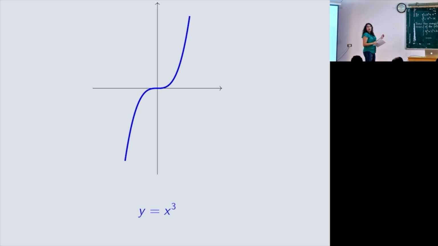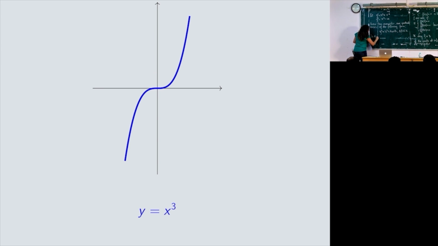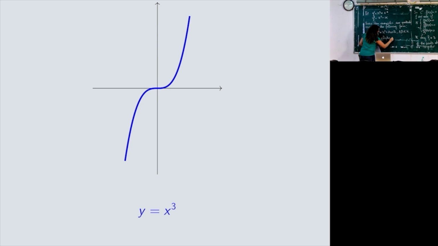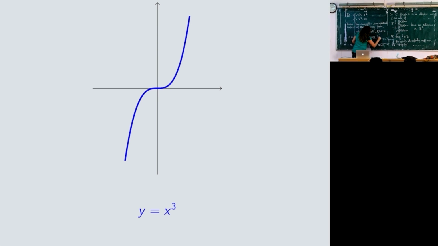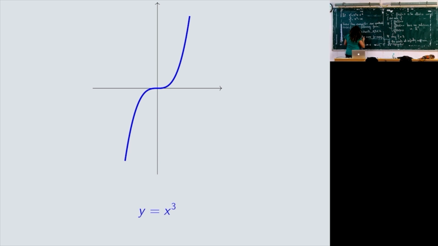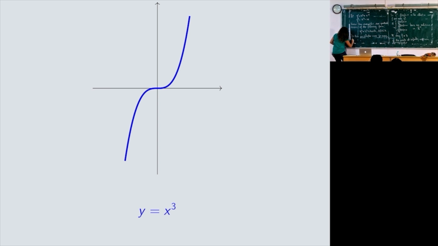So the question that we are going to answer is: is this an elliptic curve for every value of a and b, for every a and b in K?